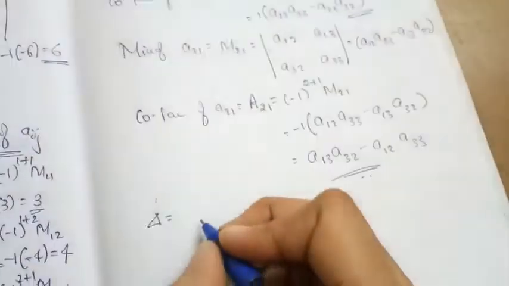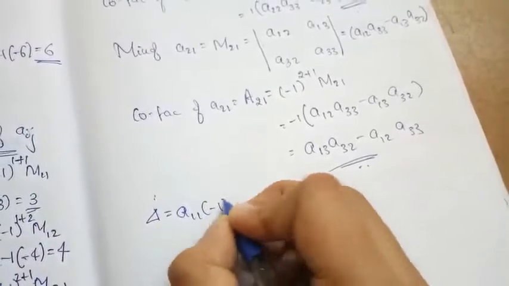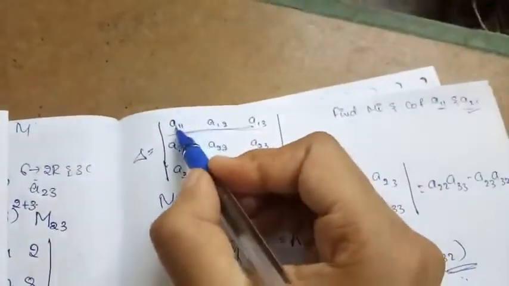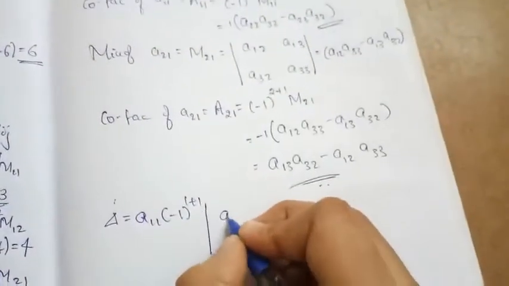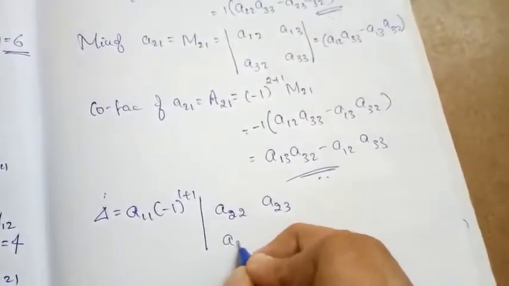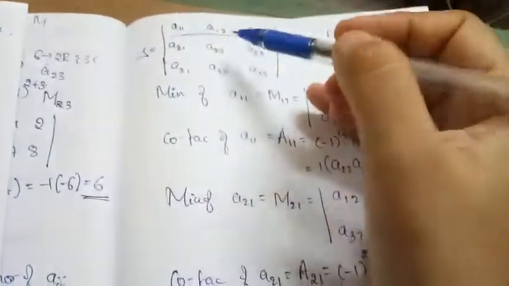Along row 1, that is nothing but A11 times minus 1 to the power 1 plus 1, times the determinant obtained by removing this row and this column, that is A22, A23, A32, A33. Like this, right? Correct, right? In the beginning you can go through your notes once. It was like this itself.